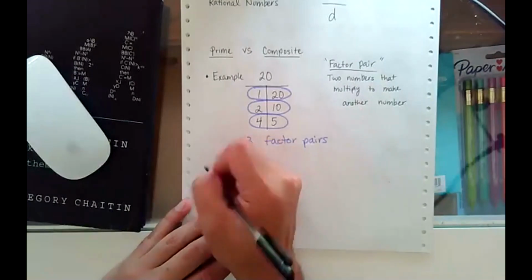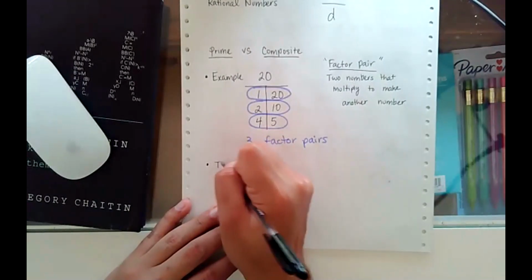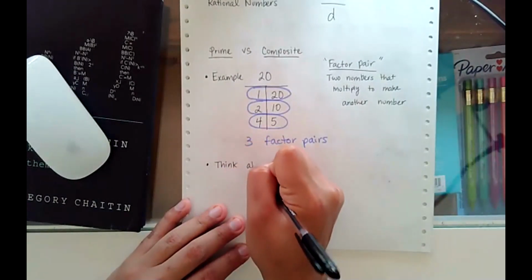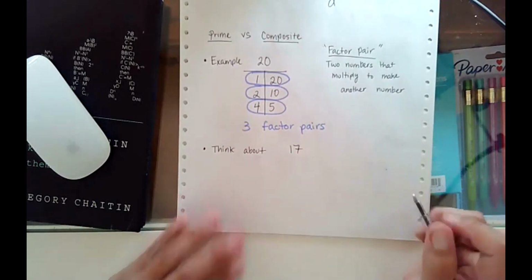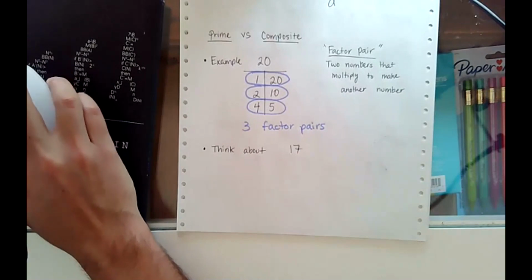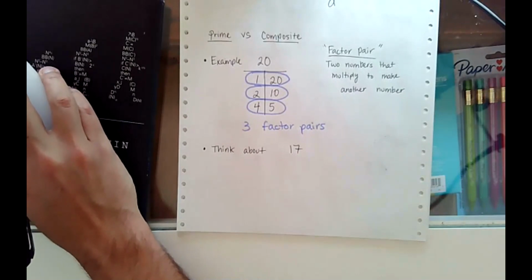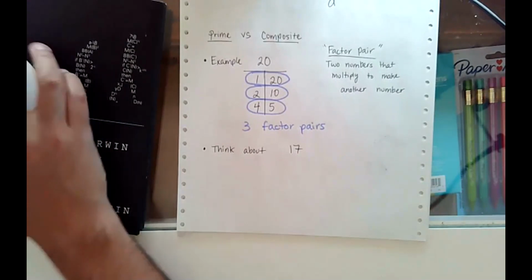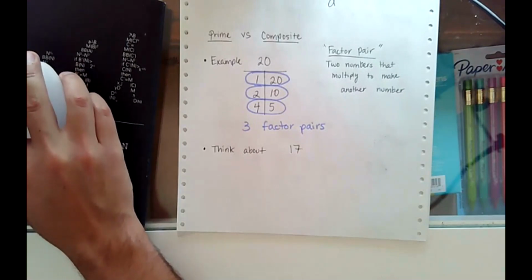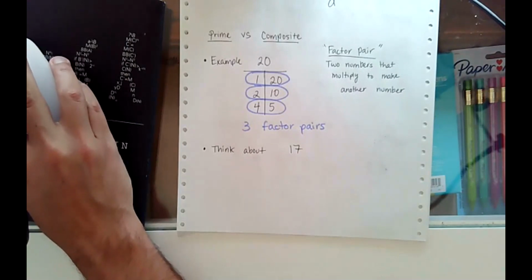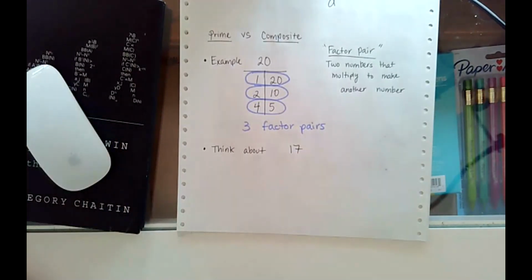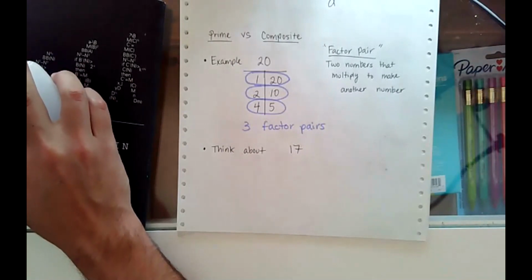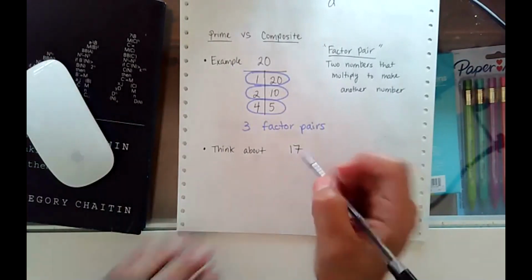But some numbers, let's think about 17. Can anybody think of factor pairs that multiply to make 17?